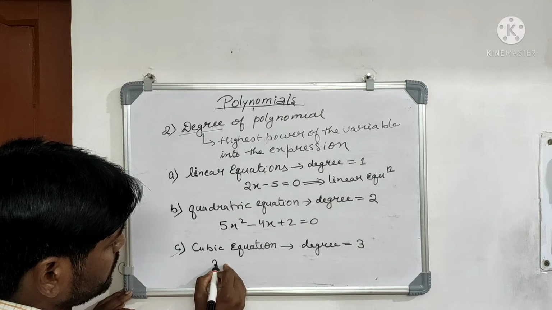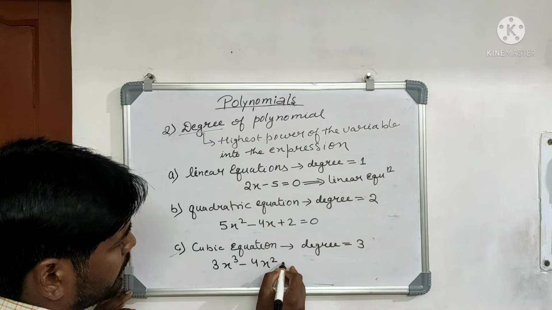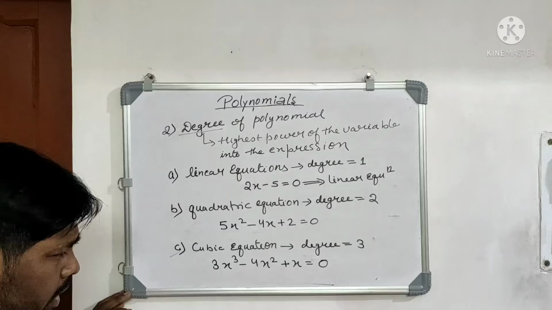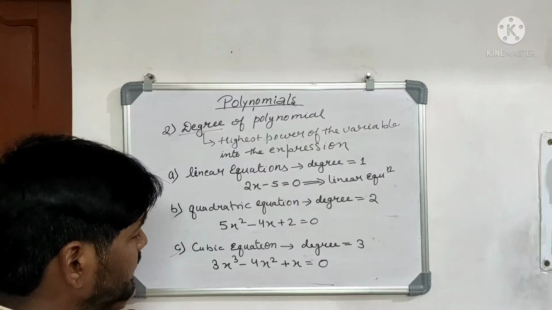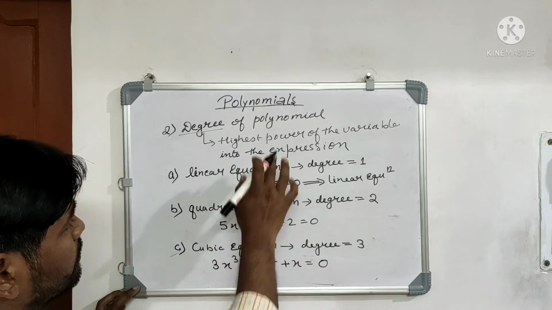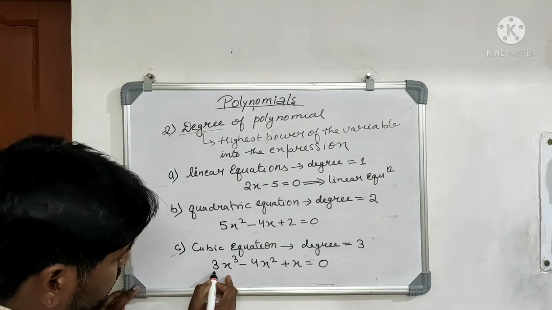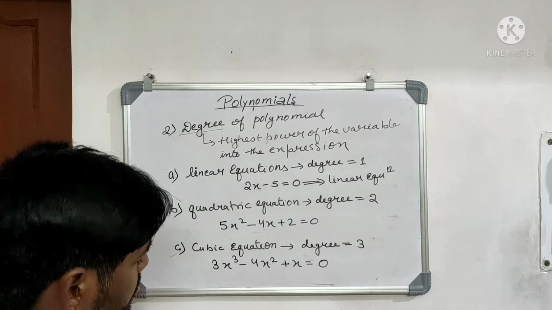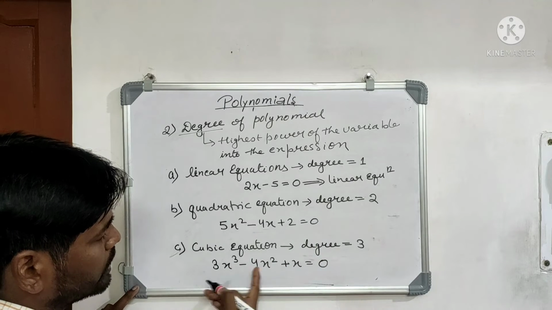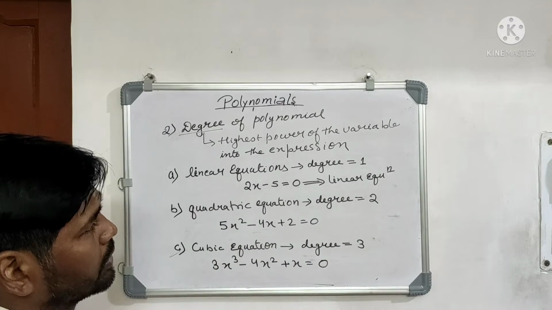Example, 3x power 3 minus 4x square plus x is equal to 0. No matter how many terms there are, it makes no difference to the categorization of the polynomial under the head of the degree. Here we have only 3 terms, but since the degree is equal to 3, it will lie in the category of the cubic equation.